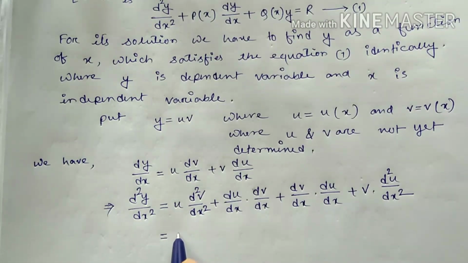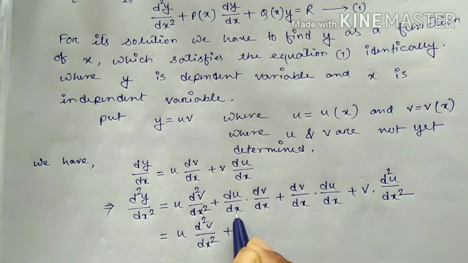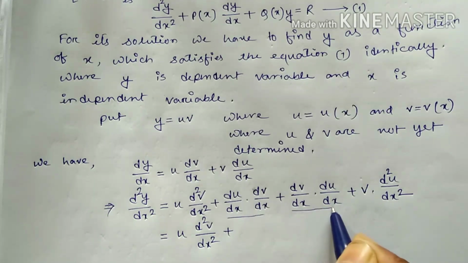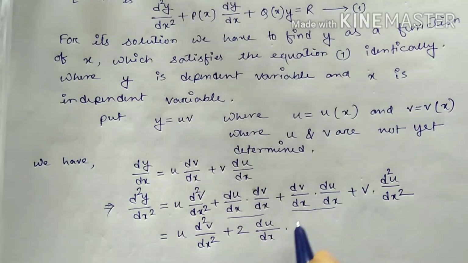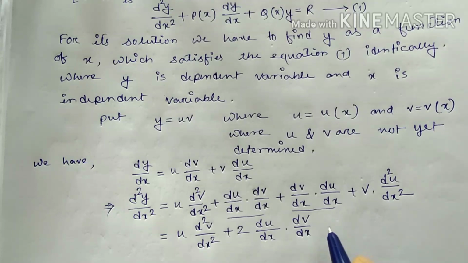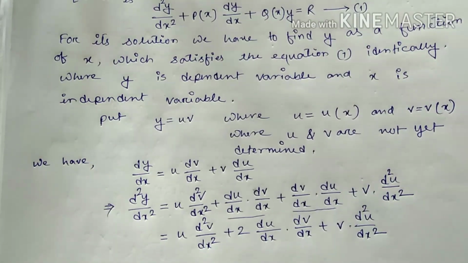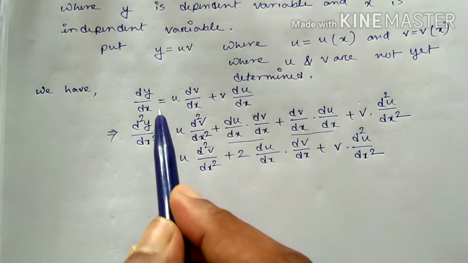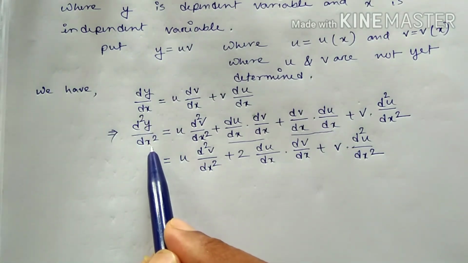This equals u d2v upon dx square plus 2 du upon dx into dv upon dx plus v into d2u upon dx square. We get the values of dy upon dx and d2y upon dx square.